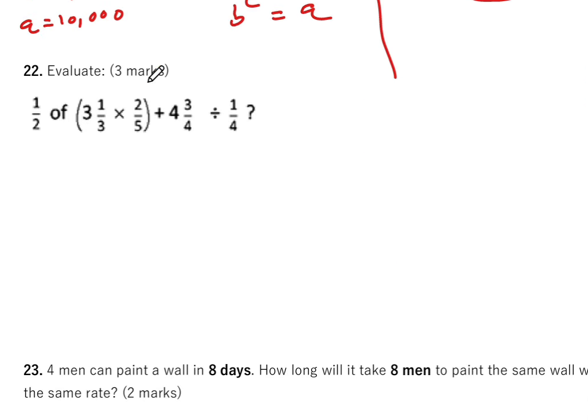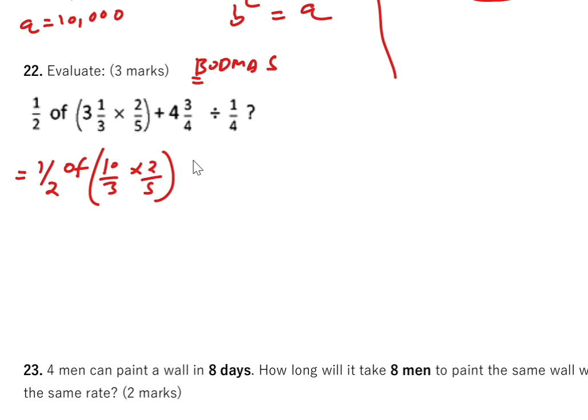Number 22. Evaluate, 3 marks. So we're going to use BODMAS. Very simple. So going to apply BODMAS. So BODMAS, we start with what is inside the bracket first. So this will be a half of. Of means multiplication. So we do what is inside. So this is 10 over 3 times 2 over 5 plus, convert to this, it will be 4 times 4, 16 plus 3, 19 over 4 divided by 1 over 4.